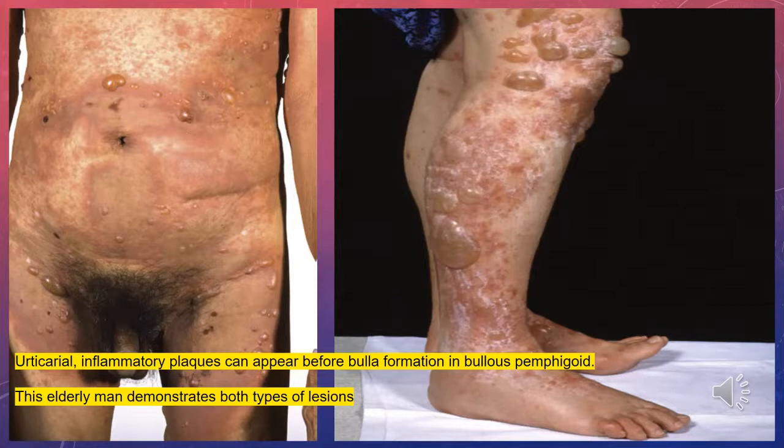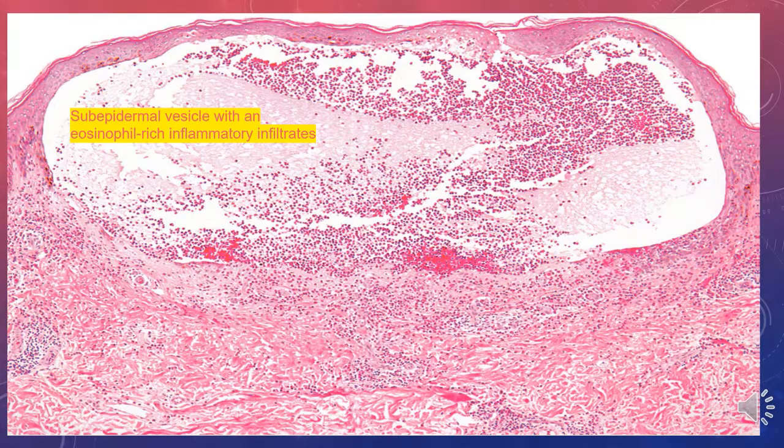This is an elderly man demonstrating both types of lesions, with severe bullous pemphigoid with numerous tense blisters on the lower leg on the right side of the image, a common site for the lesions. This is the microscopy of the subepidermal vesicle with an eosinophil-rich inflammatory infiltrate, and as you can see, the vesicle is located in the subepidermal region.